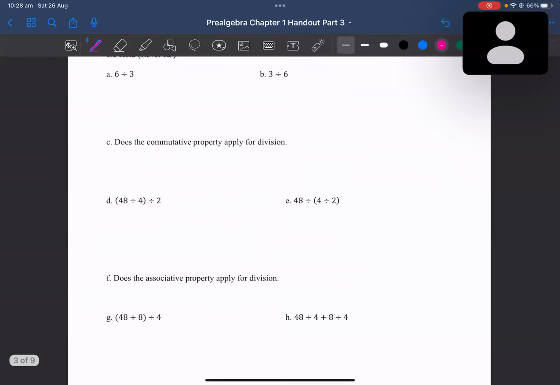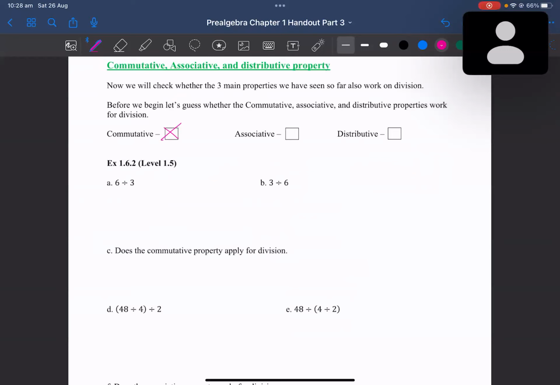Okay, so let's go through the first one. We're just checking for commutativity, so A, B, and C. First of all, we know what 6 divided by 3 is. It's 2. If it's commutative, 3 divided by 6 would also be 2. Is that true?